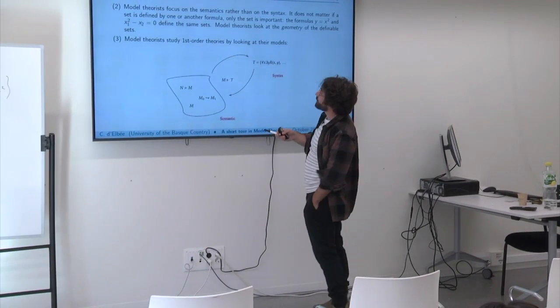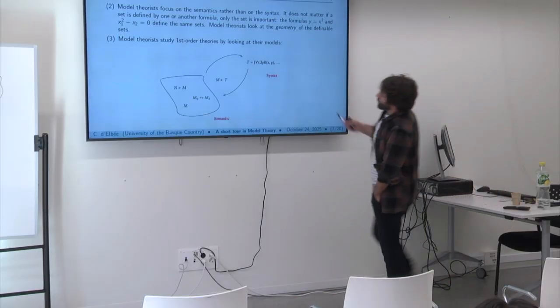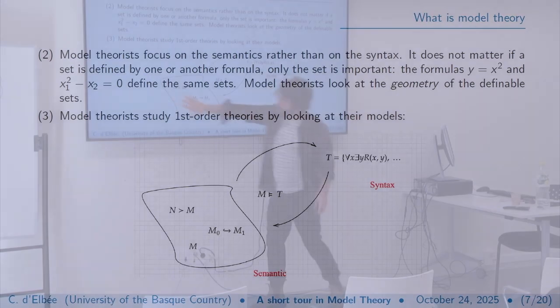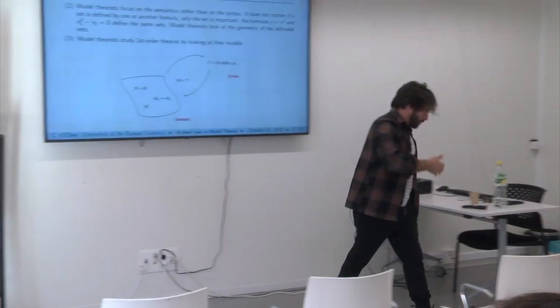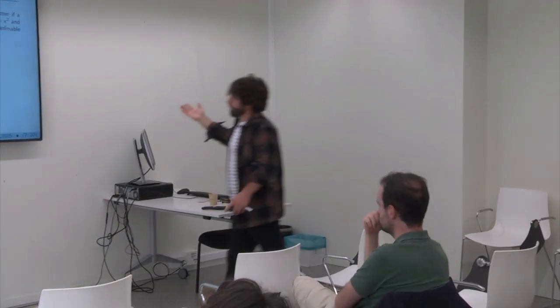And then the third point is that model theorists study first-order theories by looking at their models. There is a perfect correspondence between a given set of axioms, a given set of properties, and the collection of all the structures that satisfy those axioms. Working only with this is the same thing as working only with T; this is a direct consequence of the completeness theorem.